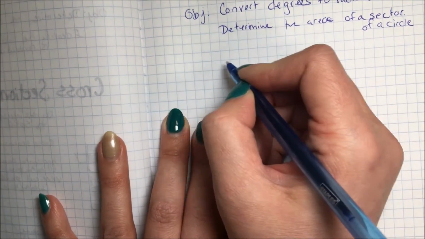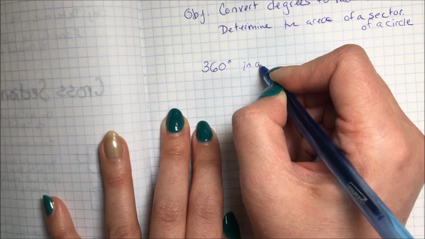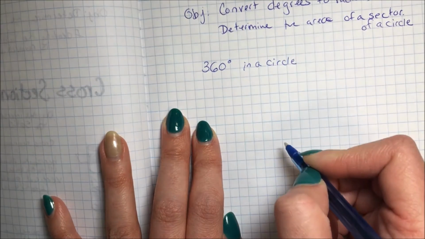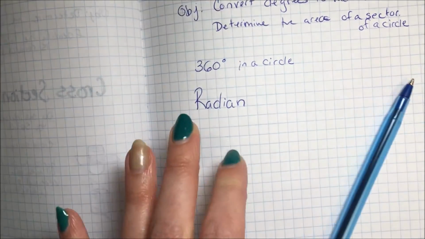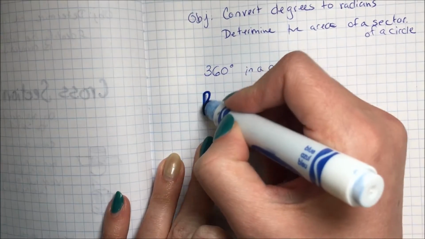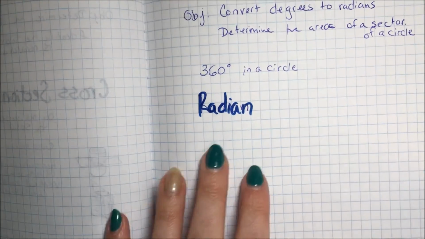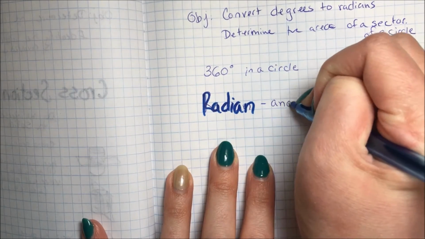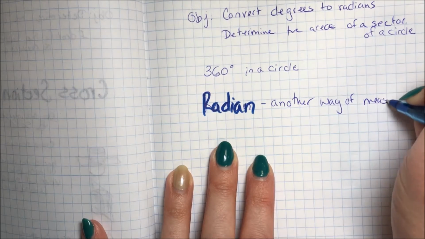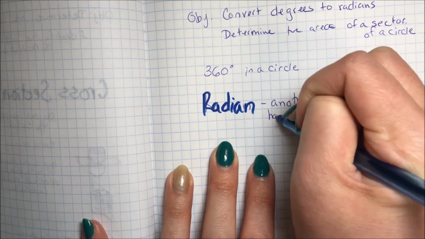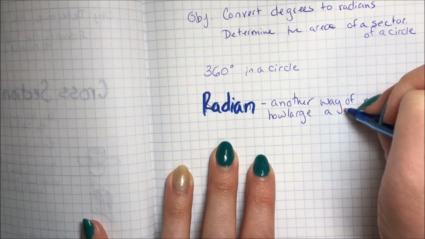Okay, so the first thing we need to know is that there are 360 degrees in a circle. And the next thing that we need to know is a radian is another way of measuring how large an angle is.